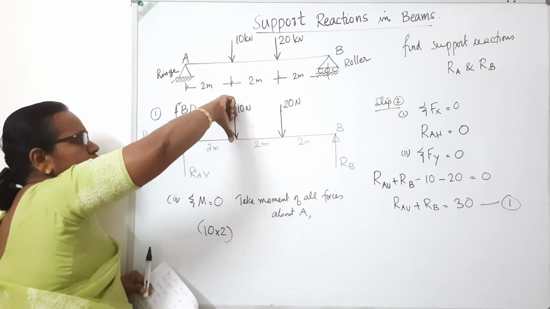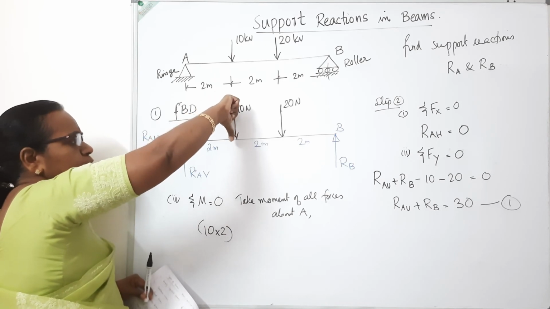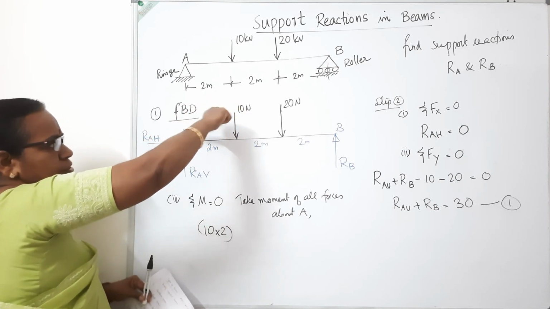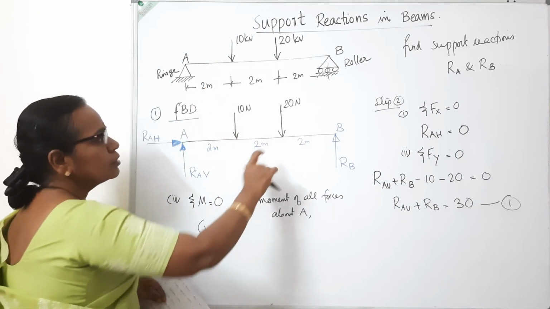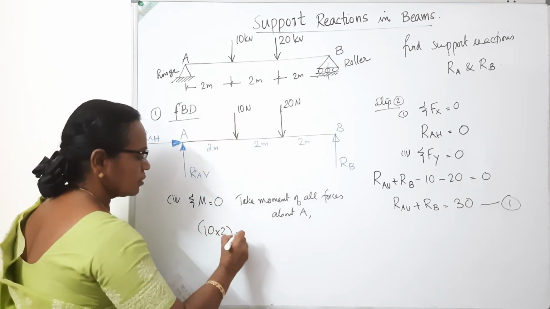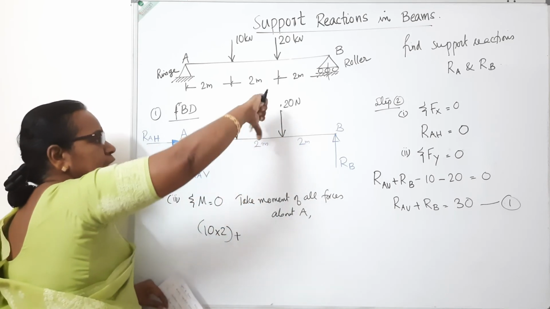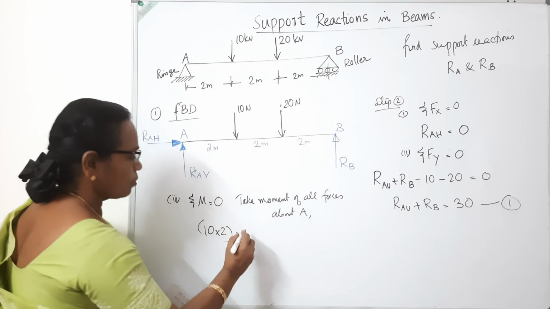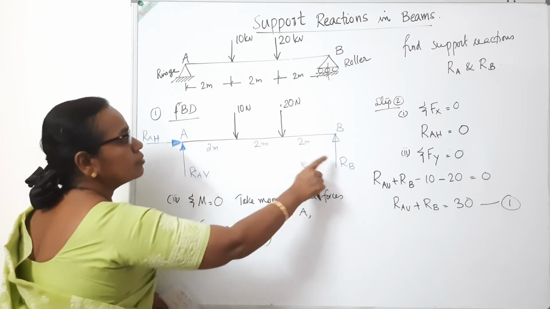What about the nature? We have studied this. It is clockwise. Place the thumb in the direction of the arrow and rotate about A. It is going to rotate in clockwise direction. So 10 into 2 plus this 20, whose distance is 2 plus 2, 4. That will also produce a clockwise moment, 20 into 4. What about this RB?